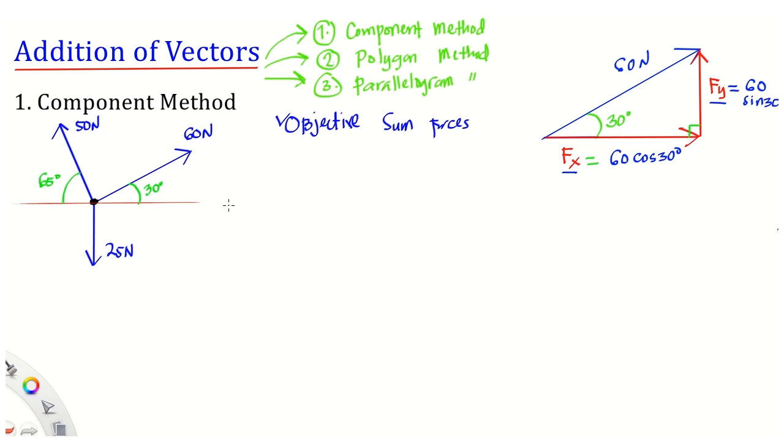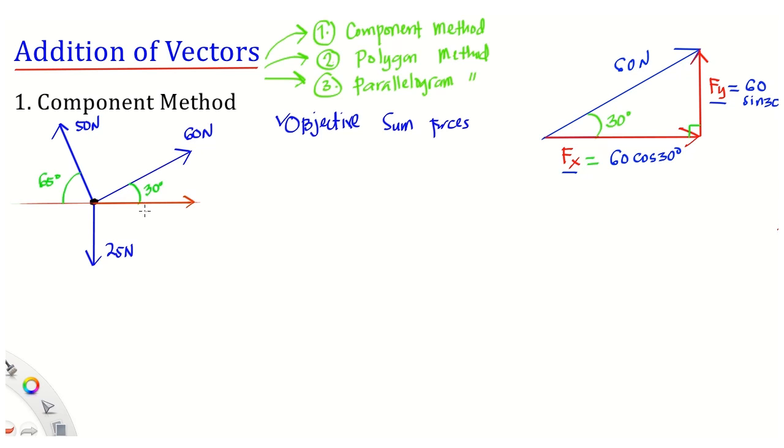Now what we are going to do using the component method, we are going to break this down into components. What is the component of 60? So let us draw the components of 60. The components of 60 is this one.